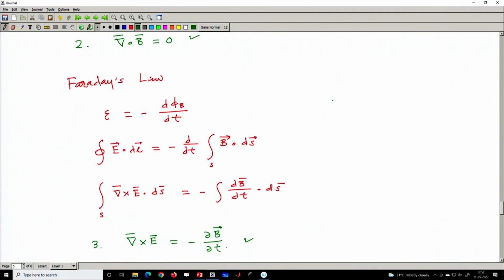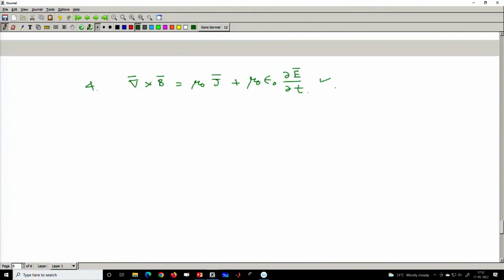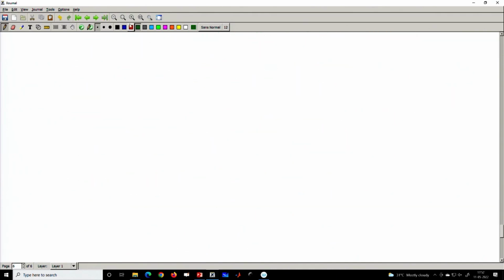Now let me write these four equations together, Maxwell's equations. The first one is divergence of E, which is a function of r and t, equal to rho, a function of r and t, divided by epsilon naught.